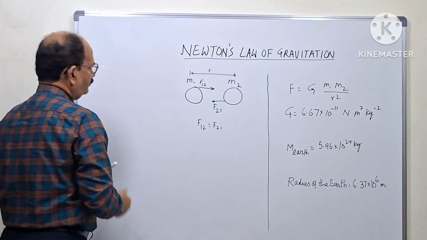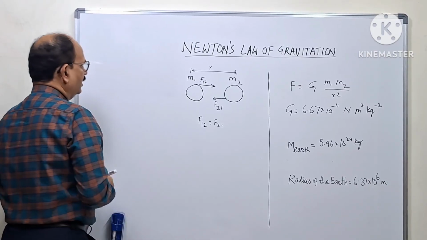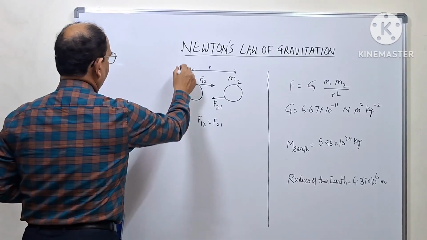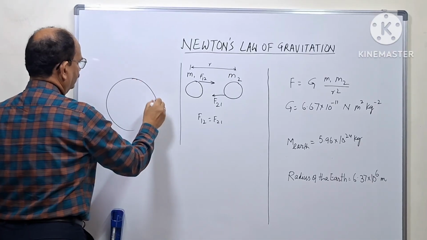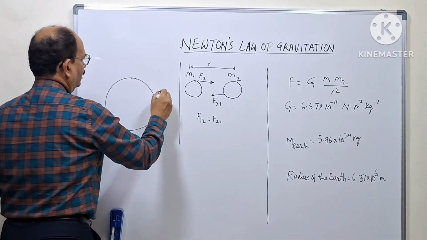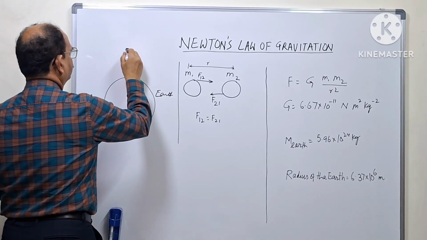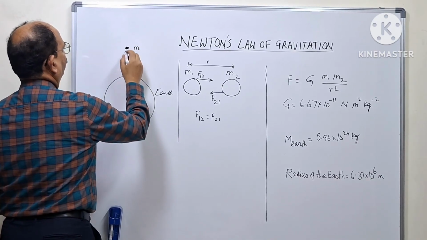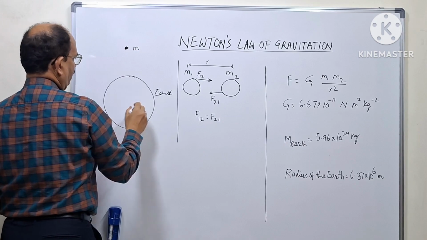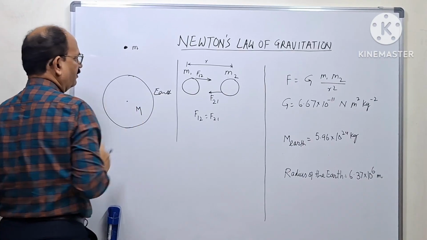Let's consider our earlier example that Earth is attracting an object of mass m, and suppose the mass of Earth is capital M.